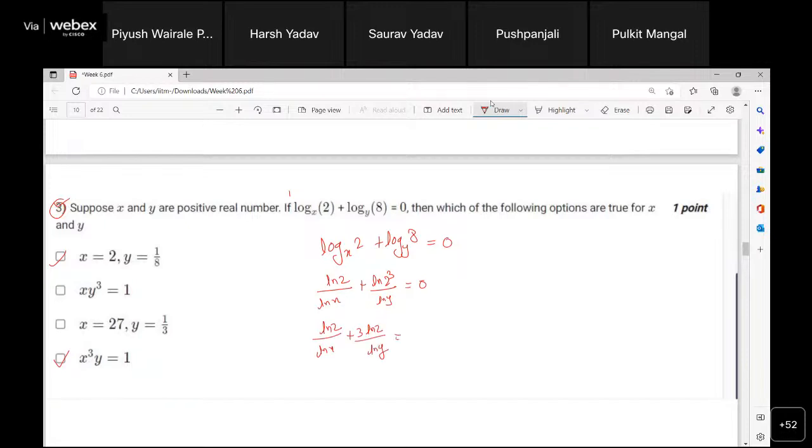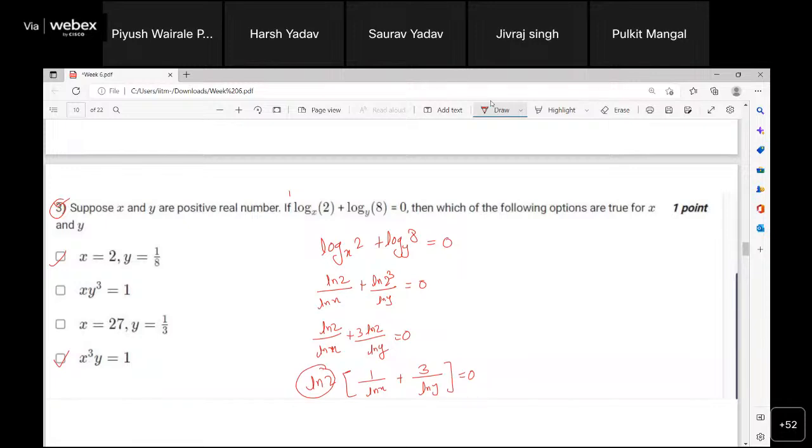Okay, after that, what should I do? Take ln 2 common. Then 1 by ln of x plus 3 upon ln of y equals to 0. Then, so this is a particular number, right?